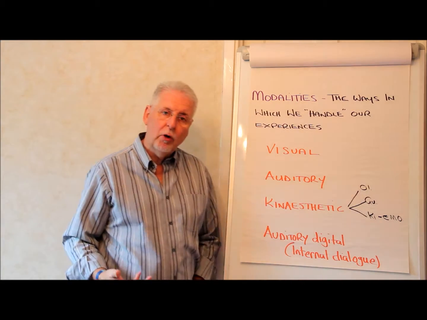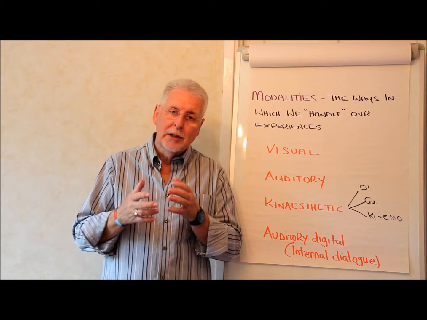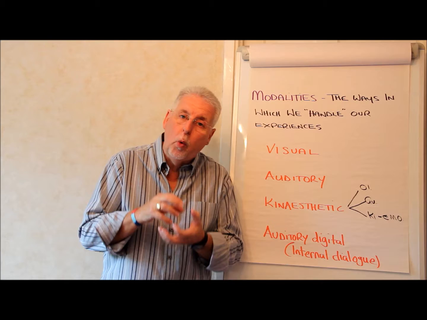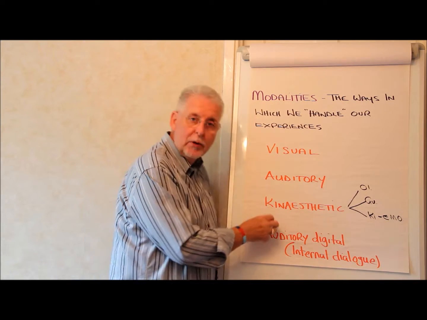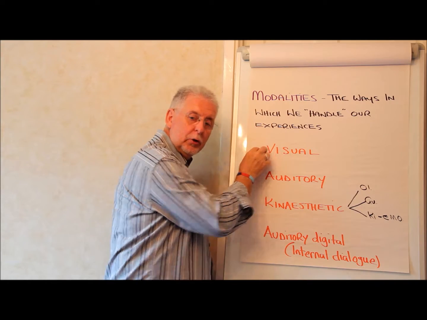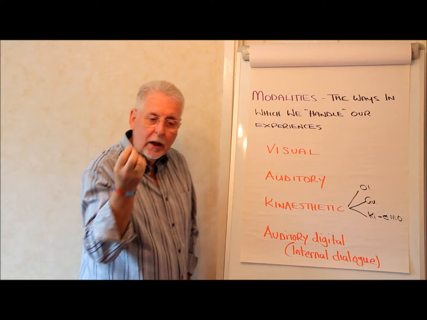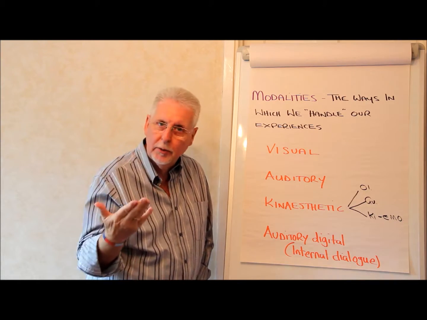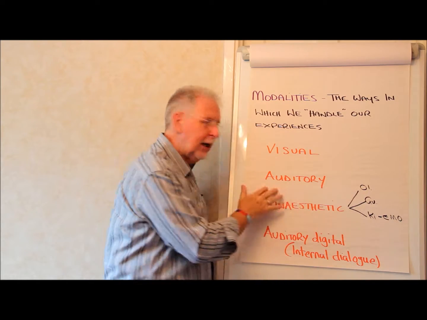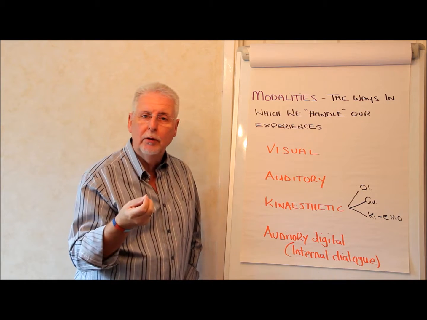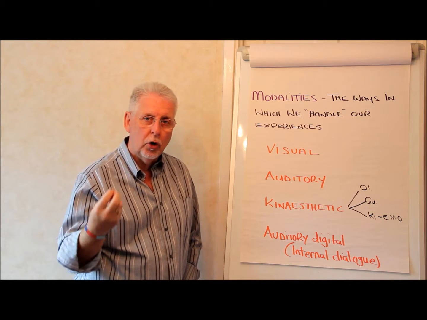And a little bit further on, we're going to start talking about submodalities, and the submodalities are the qualities of these modalities. For example, when you start talking about visual, you start talking about colour images or black and white images, moving images or still images. For auditory, you start talking about sounds that are stereo or mono, sounds that are constant or not constant.